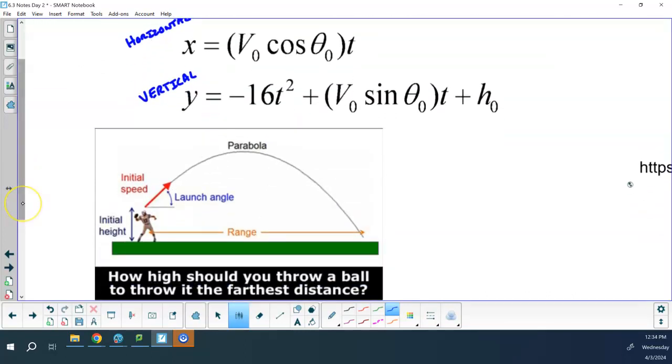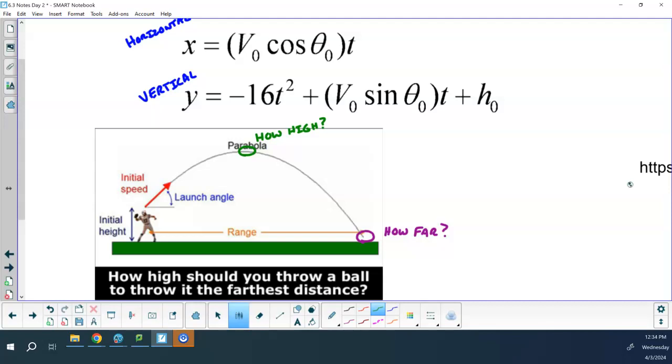From all of this, we can use that and we can figure out so many things. Okay? One of the things that we can figure out is this point down here. That could be how far we throw the ball. We can figure out this point up here, the maximum height of the ball.